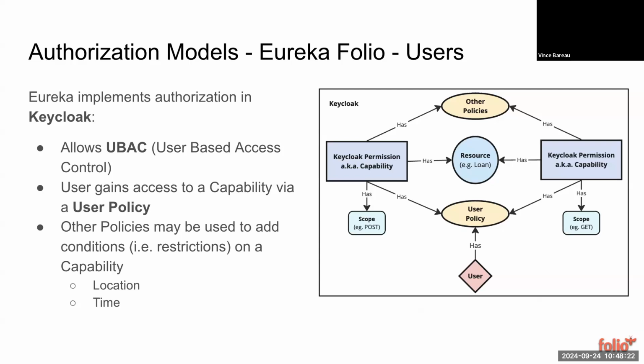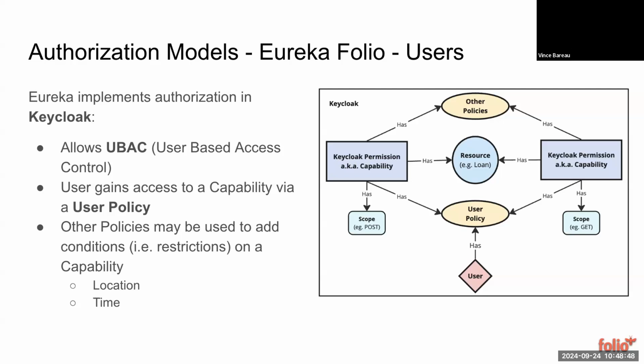And just a final word, there are these other policies at the top. In addition to role policies and user policies that I've just mentioned, you can have other policies that are available, and that includes location-based or time-based policy. What does that mean? In Folio Classic, you give somebody a permission, and they can do that anytime. They have access to create loans, for example.